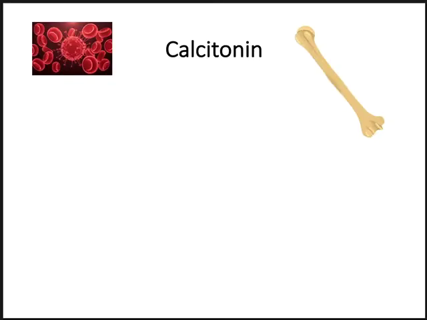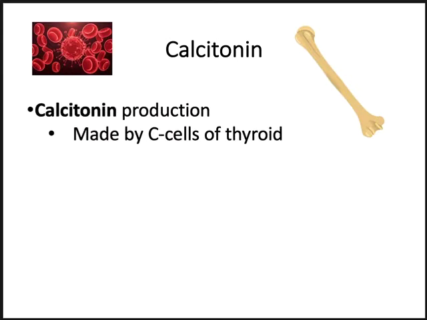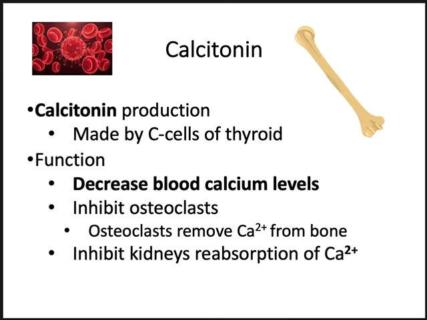Calcitonin. Calcitonin is a hormone produced by the C cells of the thyroid, and they're going to decrease the amount of calcium in the blood by inhibiting osteoclasts. Osteoclasts are cells that remove calcium from the bone. So when osteoclasts are active, you're going to have more calcium in the blood. When you inhibit osteoclasts, you're going to have less calcium in the blood.